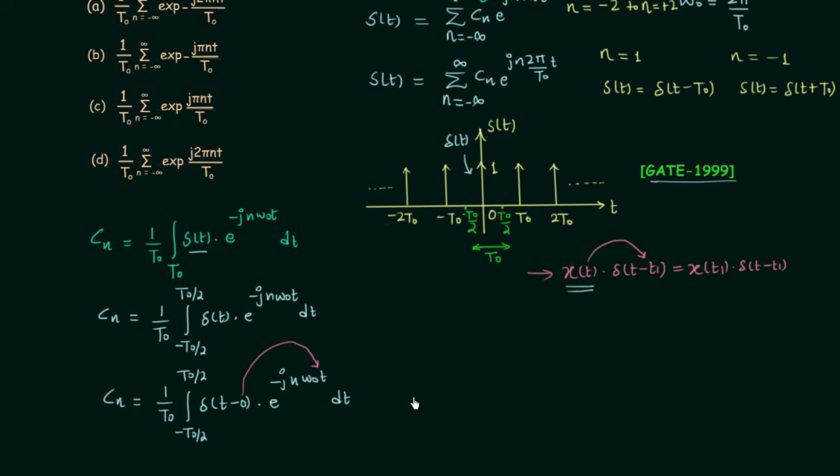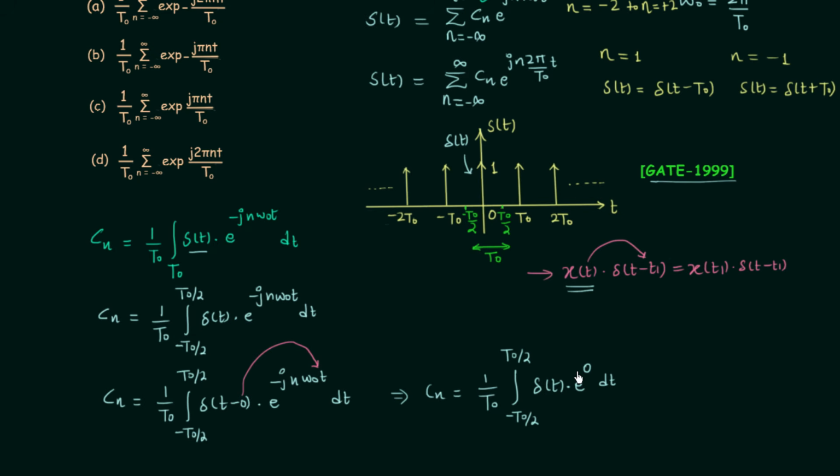So Cn is equal to 1 divided by t0 integration minus t0 by 2 to t0 by 2 delta t multiplied to e raised to power 0 dt.